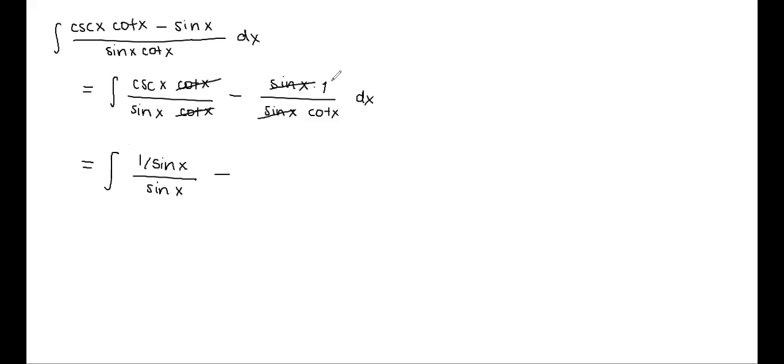If I have 1 over cotangent, yesterday one of the identities that we knew was that cotangent of x is equal to 1 over tangent of x, which means that cotangent is the inverse of tangent. So that means that tangent is also the inverse of cotangent. So 1 over cotangent of x is going to be the same as tangent of x, with respect to x.